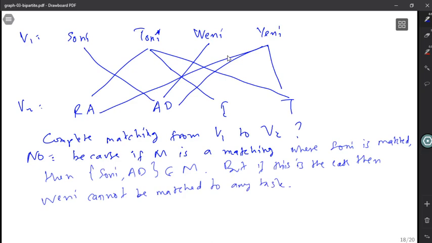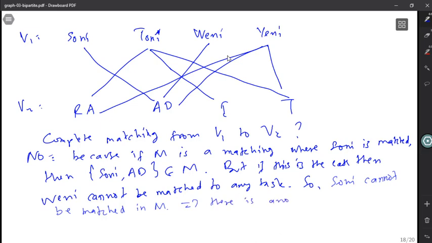So that means Sonny cannot be matched in M. So we find there is a node in V1 that is unmatched, or that cannot be matched.